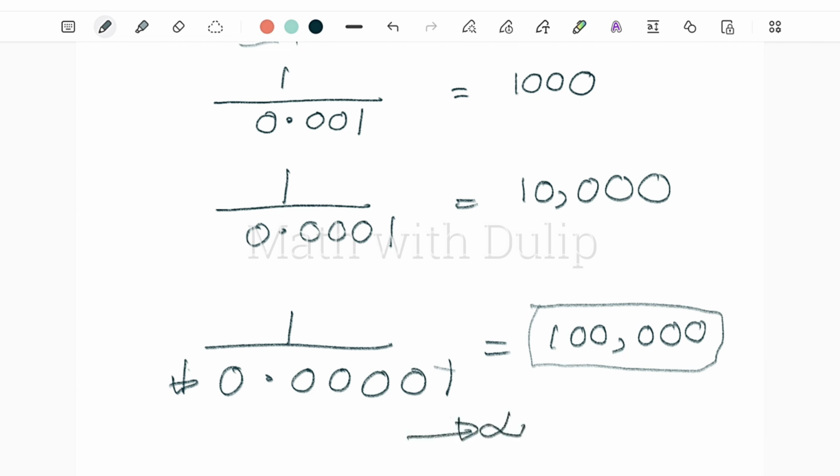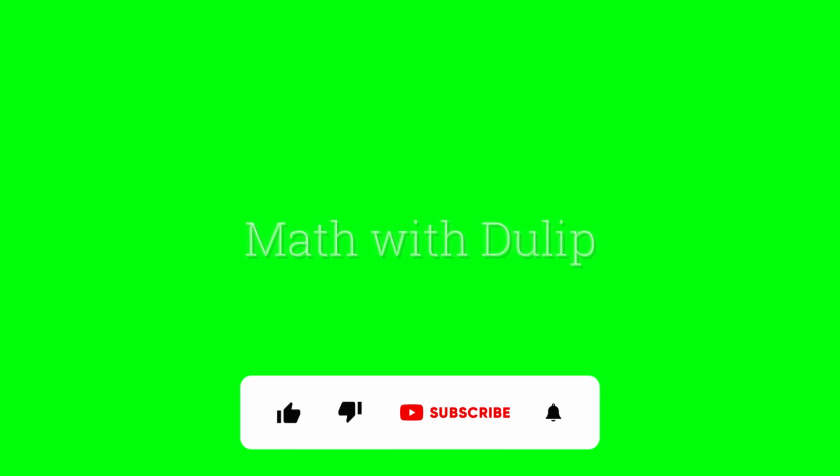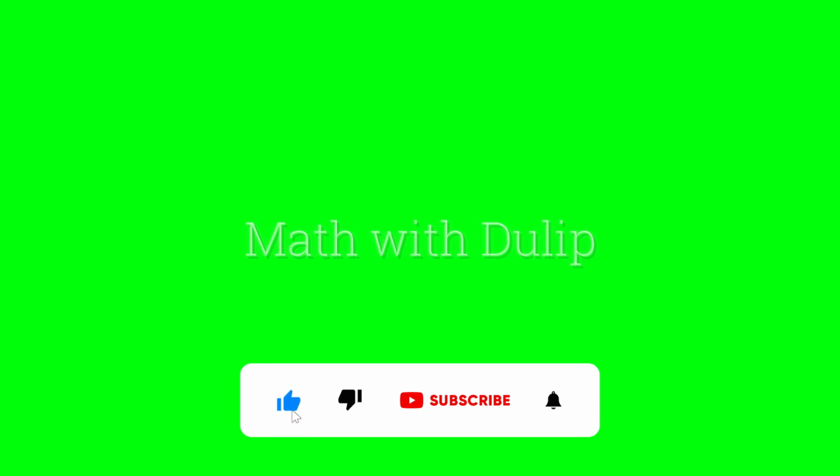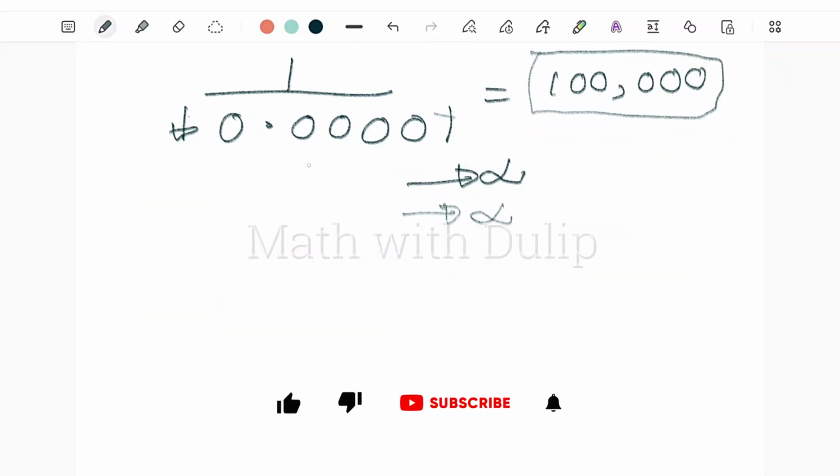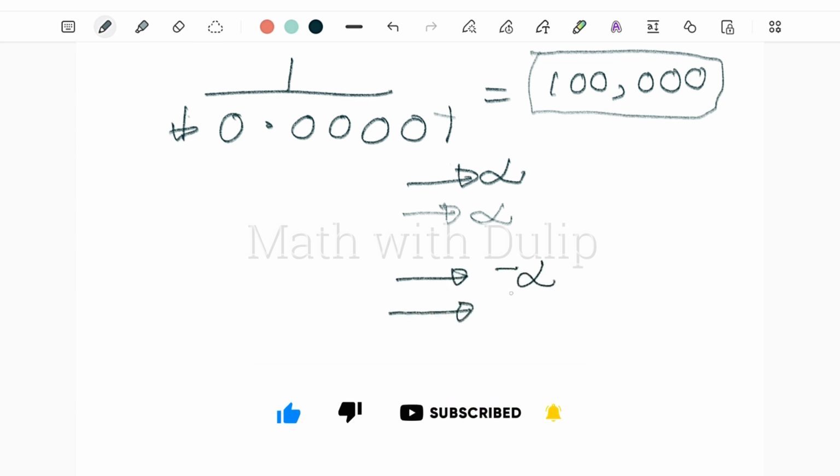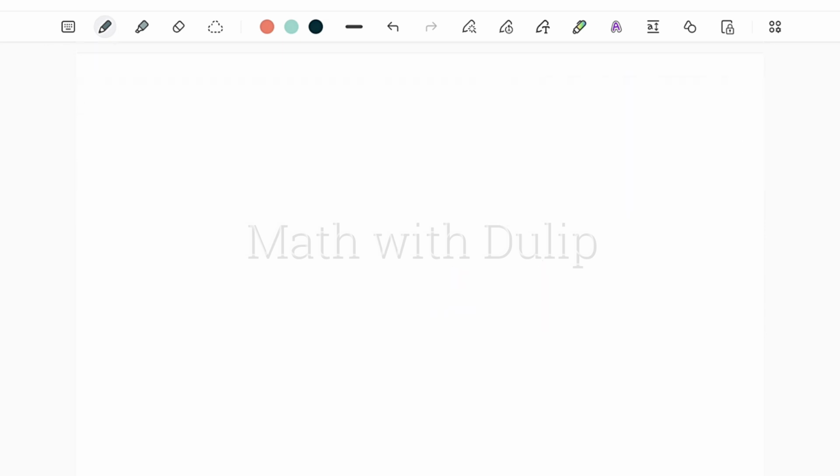We don't know the value, but we show with the symbol that we are reaching infinity. If you divide by a negative value, you reach negative infinity, and if it is a positive value, you reach positive infinity.